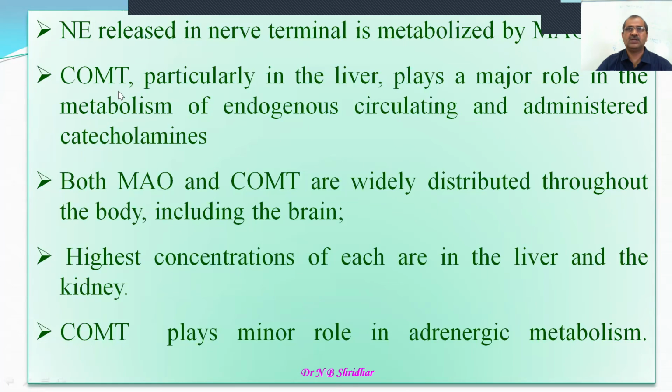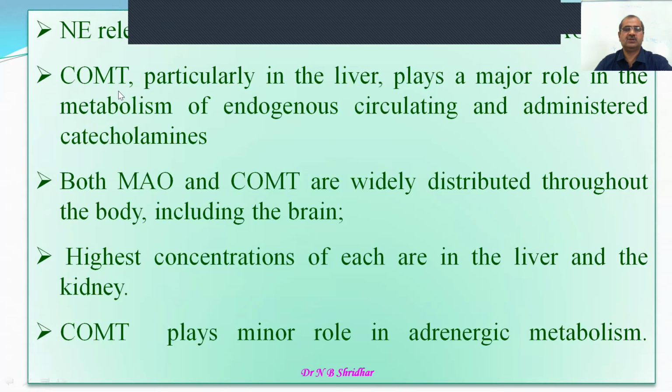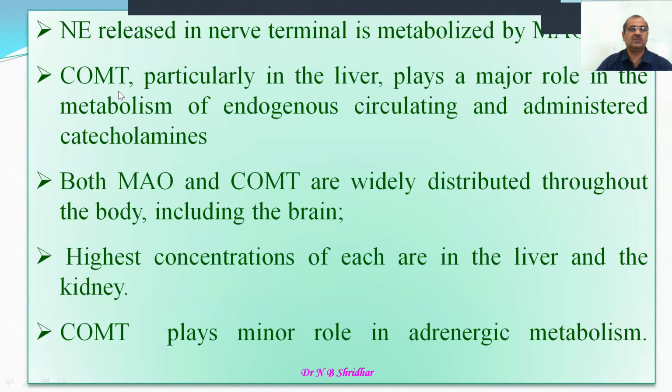This is present very specifically in the liver, and plays a major role in the metabolism of endogenous circulating and administered catecholamines. So if you exogenously administer norepinephrine or epinephrine, then the catechol O-methyl transferase is going to be activated, and it is going to decrease the concentration of the catecholamines, especially norepinephrine.